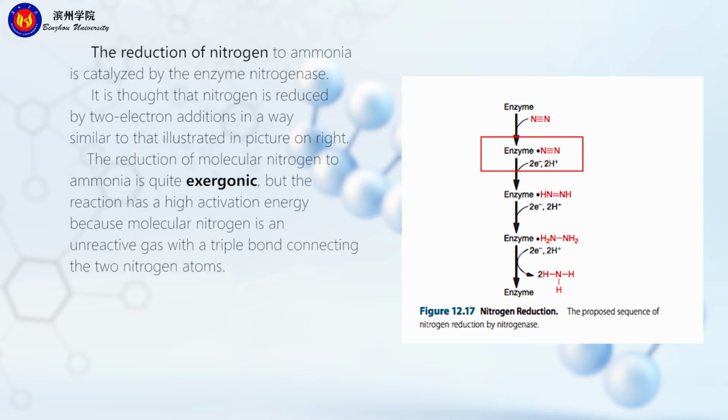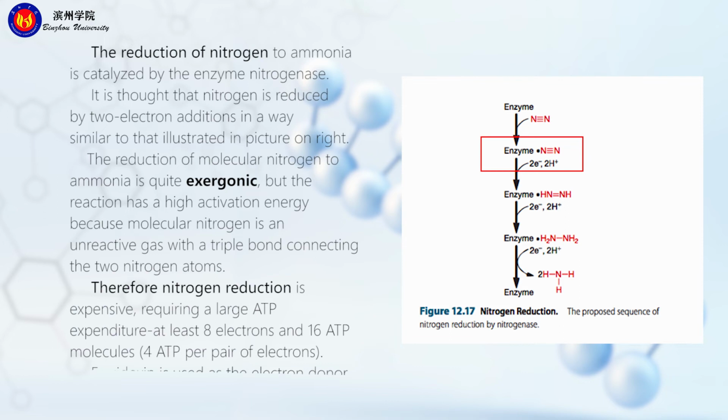The reduction of molecular nitrogen to ammonia is quite exergonic, but the reaction has a high activation energy because molecular nitrogen is an unreactive gas with a triple bond connecting the two nitrogen atoms. Therefore, nitrogen reduction is expensive, requiring a large ATP expenditure, at least 8 electrons and 16 ATP molecules. Ferredoxin is used as an electron donor.